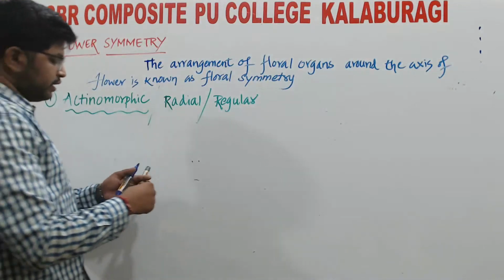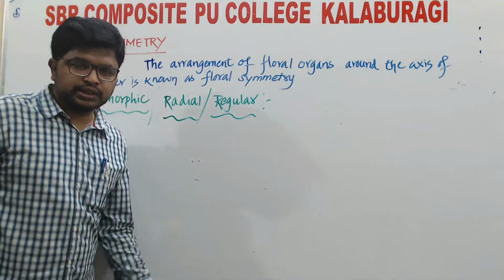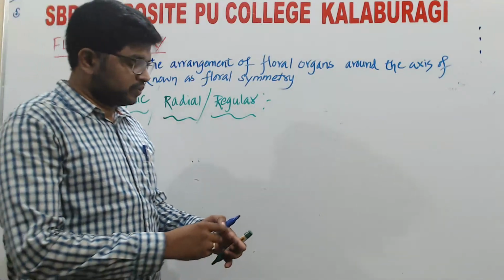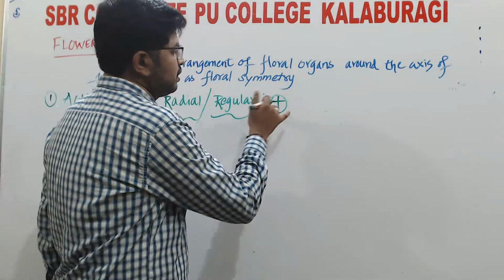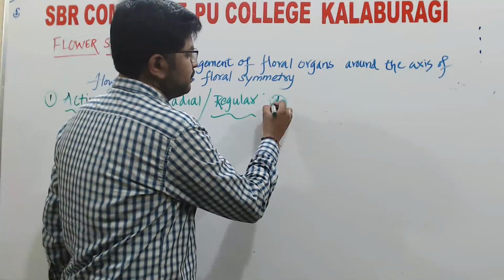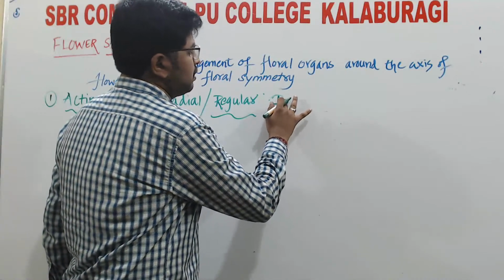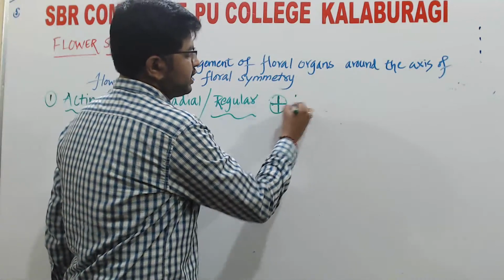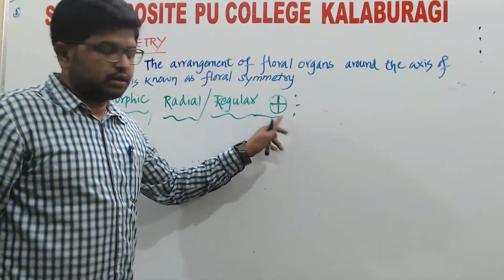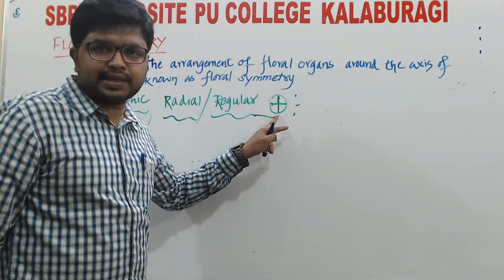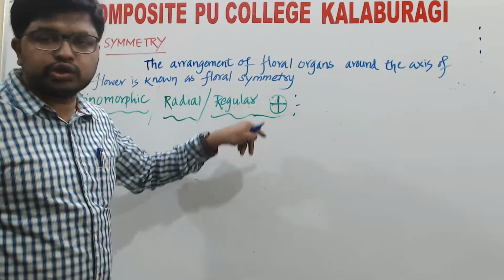So actinomorphic, radial or regular type of symmetry. The symbol used is a plus enclosed in a circle, always remember. I will explain this symbol in a future class. The symbol to represent actinomorphic flowers is a plus enclosed in a circle.